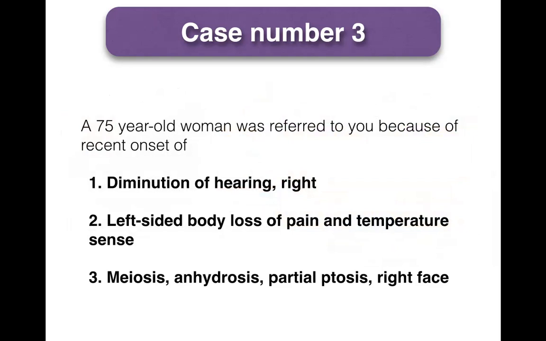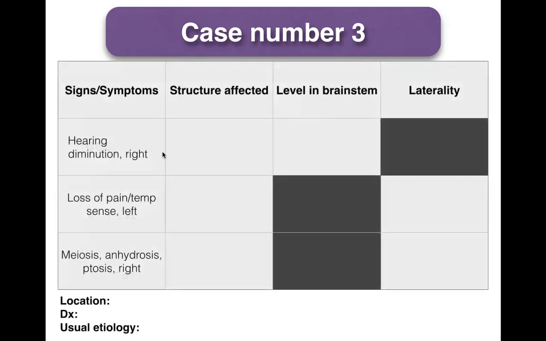A 75-year-old woman was referred to you because of recent onset of diminution of hearing on the right, left-sided body loss for pain and temperature sense, miosis, anhidrosis, and partial ptosis. As usual, in our strategy, let's put this in tabulation form and figure out what structures are affected. Let's start first with hearing diminution. This is very easy.